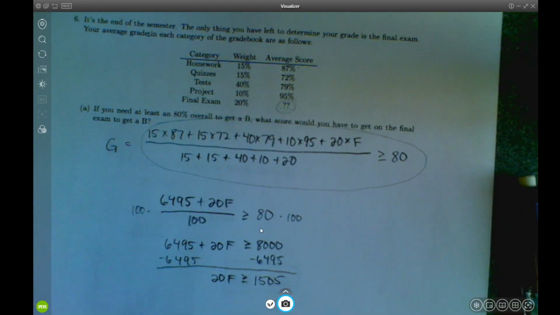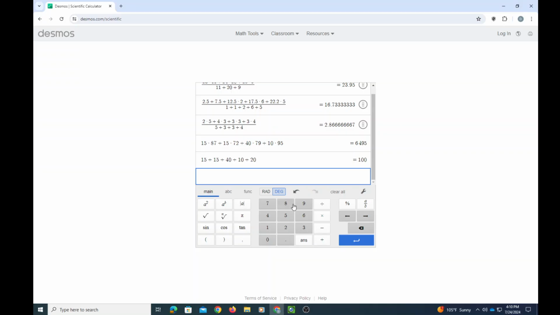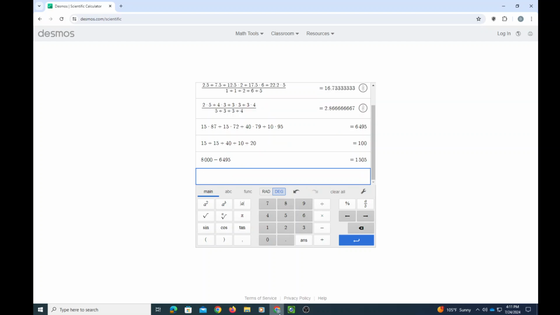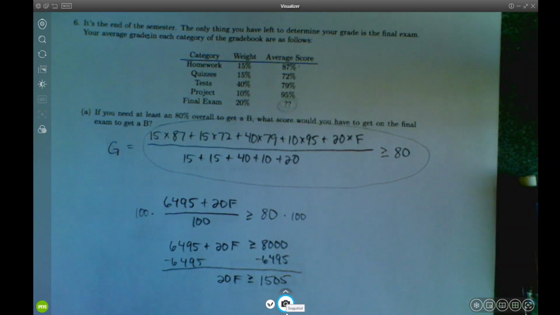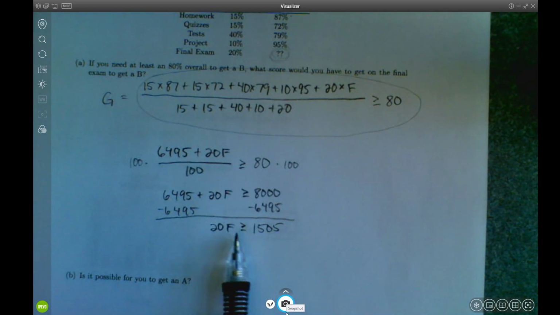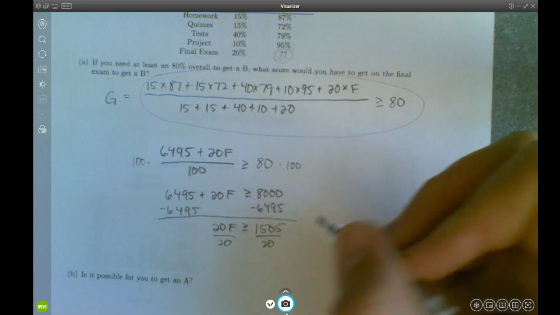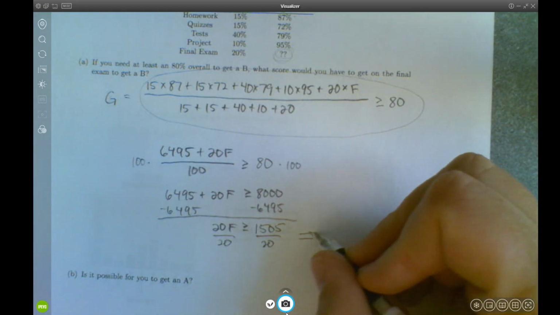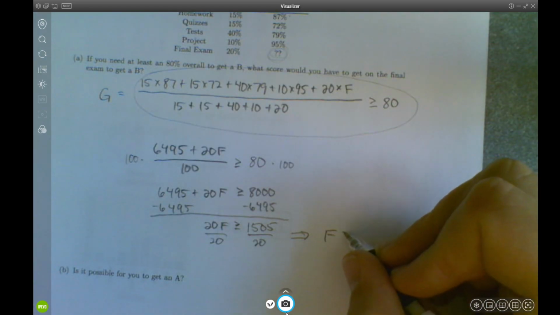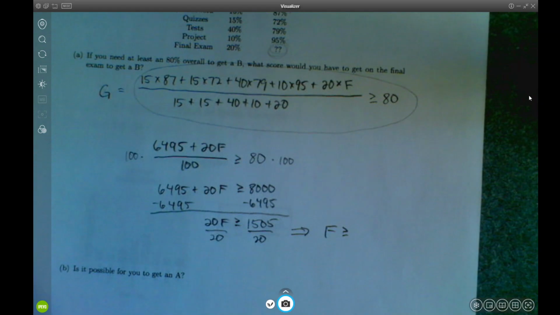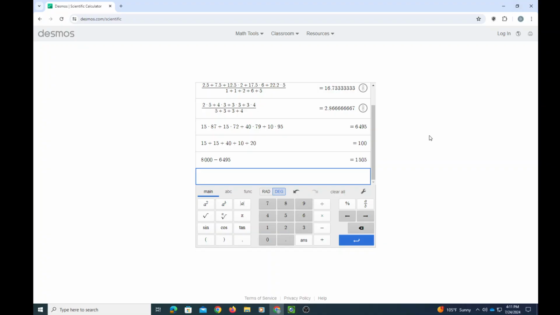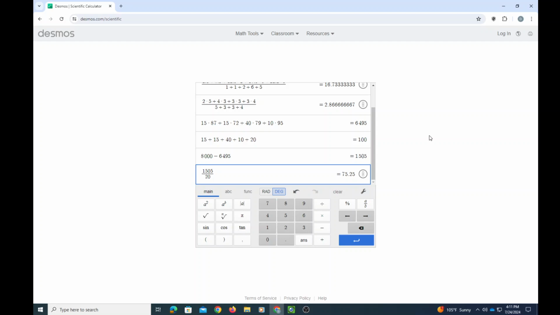I better double check on the calculator. 8,000 minus 6495. Okay. And then finally, to solve for f, I would divide by 20. So f would be 1505 divided by 20.